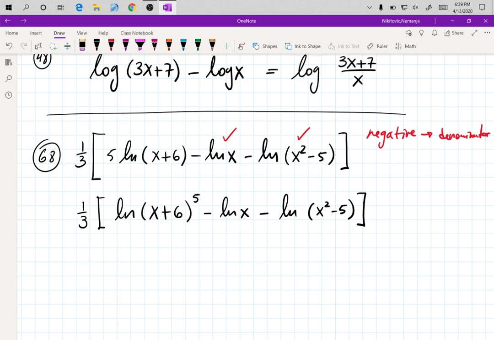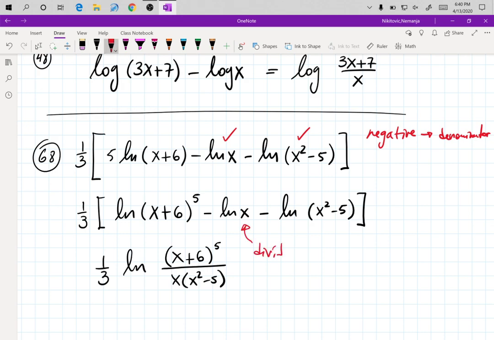All right, time to put this together. So we have 1/3, and now I have a single ln because (x plus 6) to the 5 is going to go in the numerator, and then x times (x squared minus 5) is going to go in the denominator. You can think about it in two ways. You can say divided by x and divided by x squared minus 5.